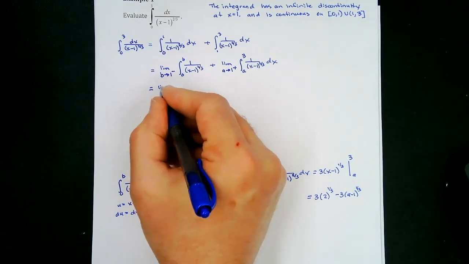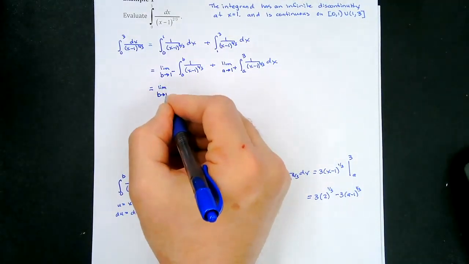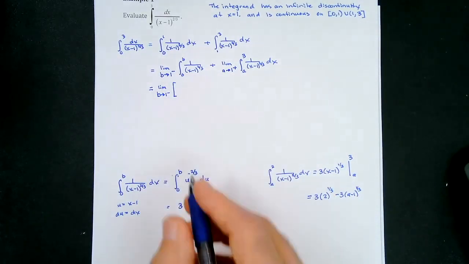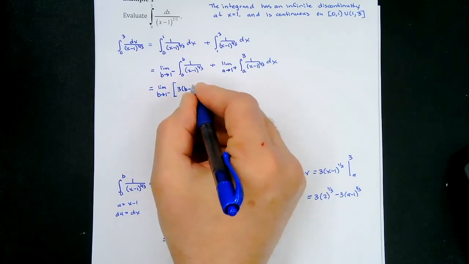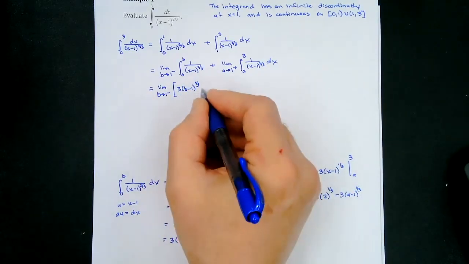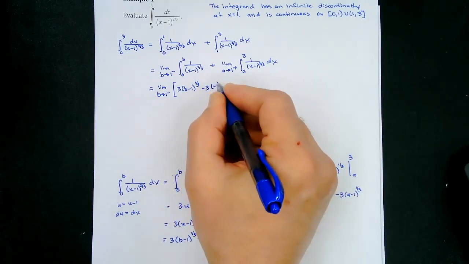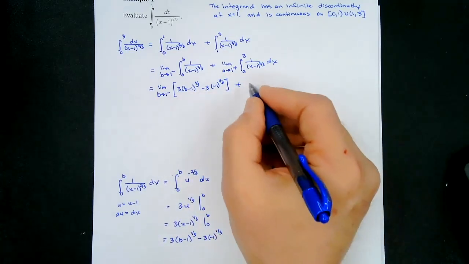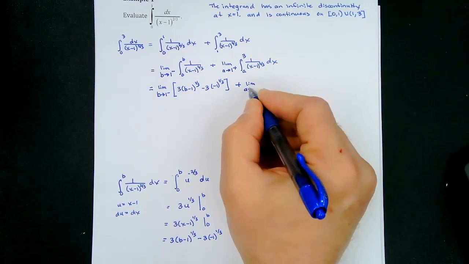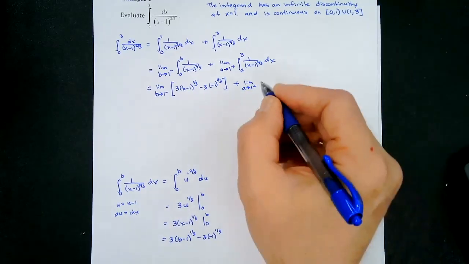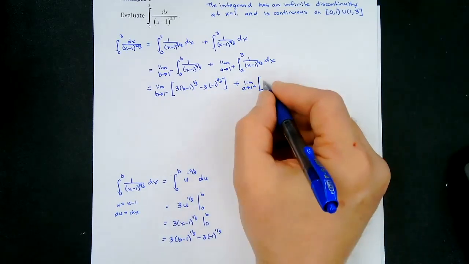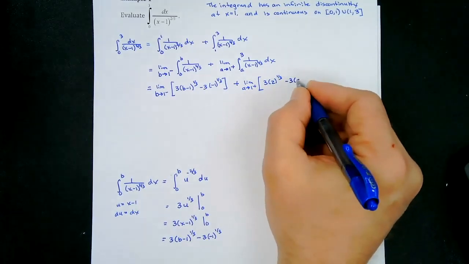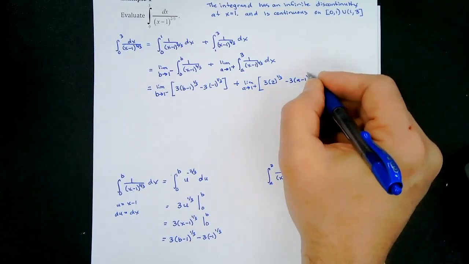So this is the limit as b approaches 1 from the left of, I'm going to use a bracket around this, 3 times (b minus 1) to the 1/3, and then minus 3 times negative 1 to the 1/3 power, and then plus the limit as a approaches 1 from the right of, and it'd be this one, so 3 times 2 to the 1/3, then minus 3 times (a minus 1) to the 1/3 power.